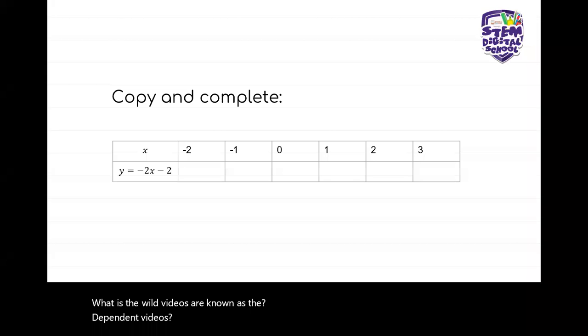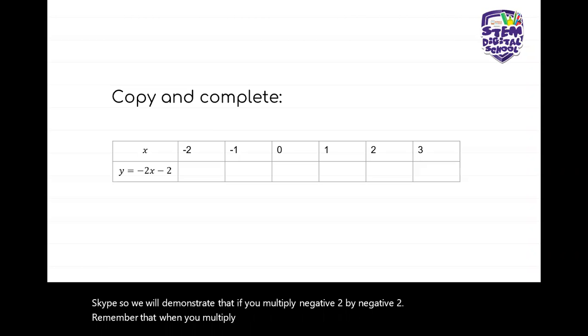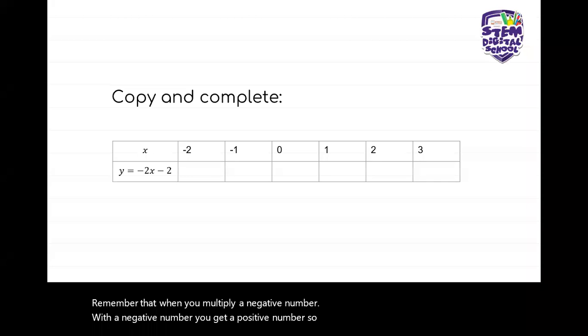So we will demonstrate that if you multiply a -2 by -2, remember that when you multiply a negative number with a negative number, you get a positive number. So -2 times -2 is +4.